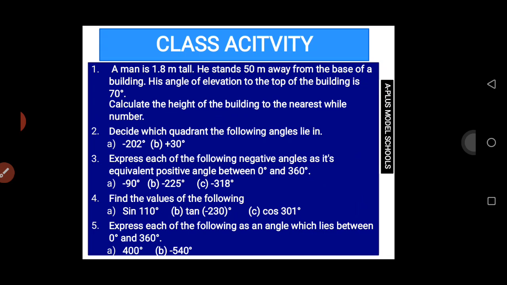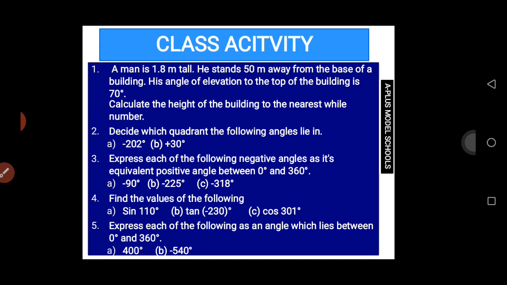And today we also did something on quadrants, whereby we have the first quadrant where all the trig ratios are positive, and the fourth quadrant where only cos is positive, the rest are negative, and the third quadrant where tan is positive and the rest are negative, and the second quadrant where sine is positive and the rest are negative.